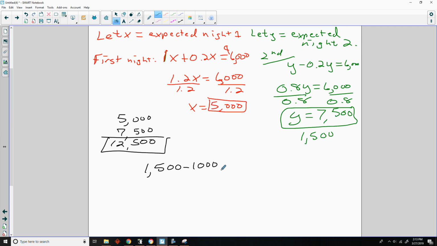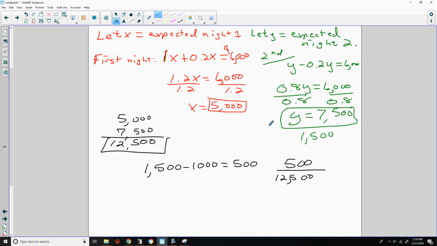So when I subtract those, I get 500. And that's the difference. One was over, one was under. This was 1,500 under, this was 1,000 over, so they were under by 500 total. So we take that 500 and divide it by the total that we had, 12,500.